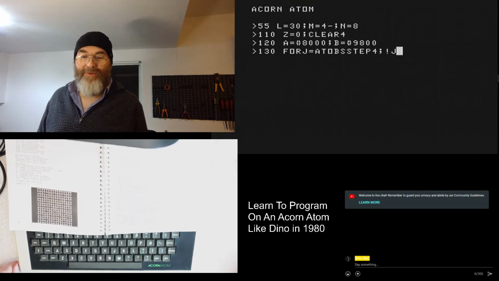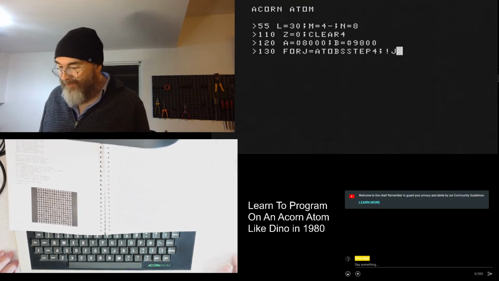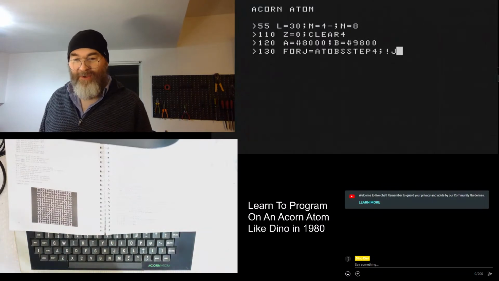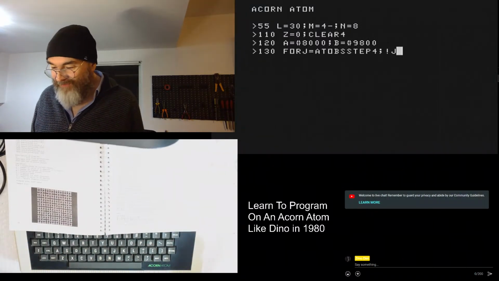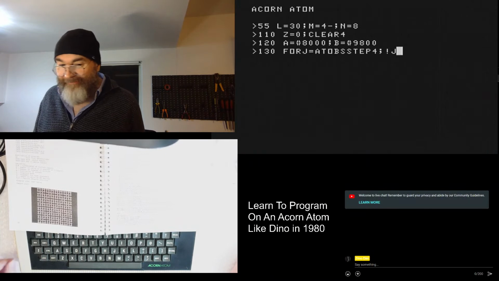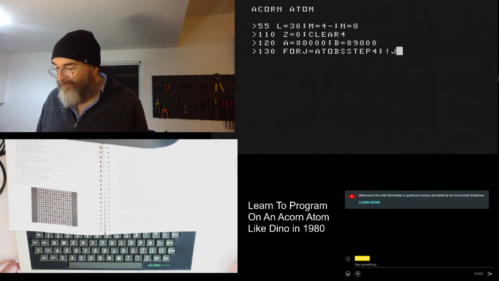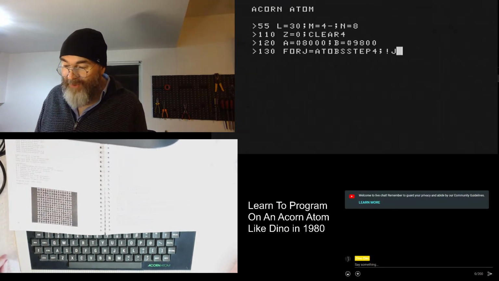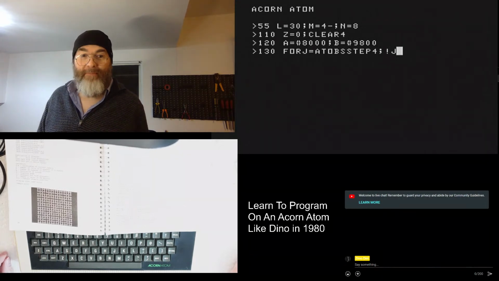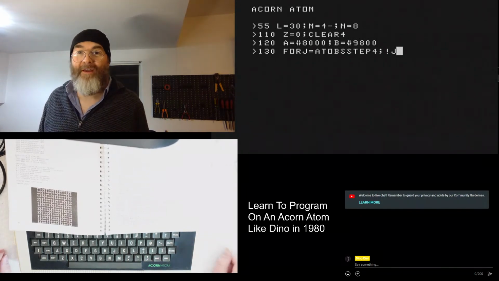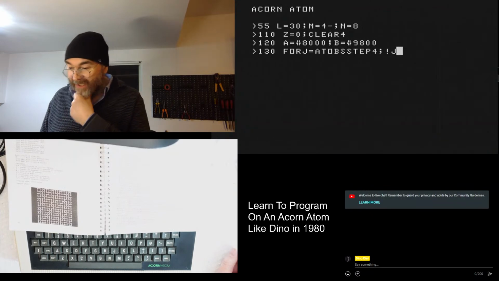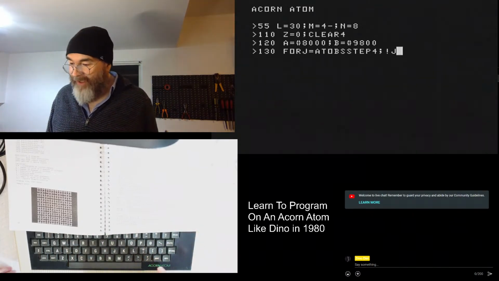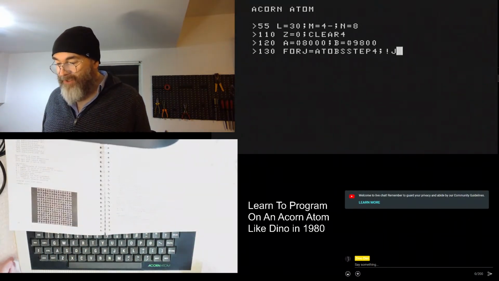You could just stick with pure BASIC, but what was great is that you could interleave BASIC and sort of hardware operations. Basically what it's going to be doing is writing directly into memory between addresses 8000 and 9800, probably to clear the memory. In fact, it's going to make the screen white.